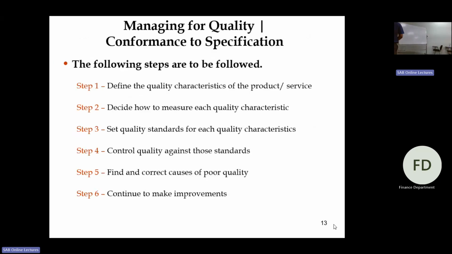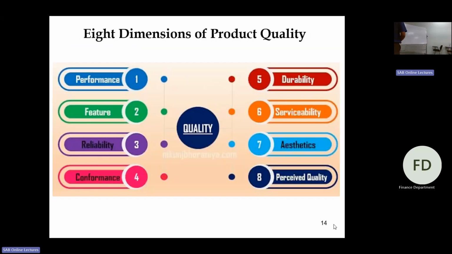I will explain the quality management techniques and all a little later, but quickly move to slide number 14 and 15 just to show you two things.